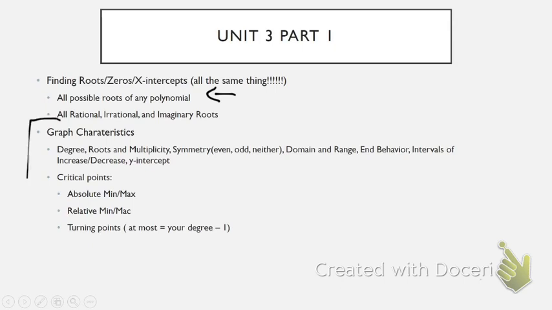Now, the second part of that packet is graph characteristics, degree, your roots, and multiplicity, okay? Remember, if you have (x + 2) all squared, that means you're going to have 2 multiplicity 2, or excuse me, negative 2 multiplicity 2. I'll get an example of that in just a second. Symmetry: even, odd, or neither.